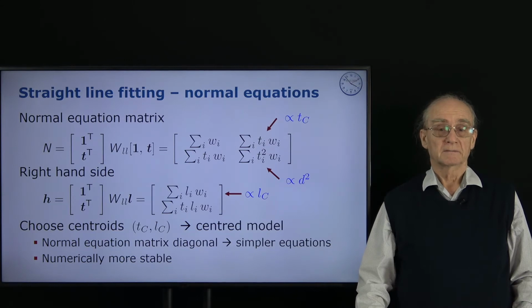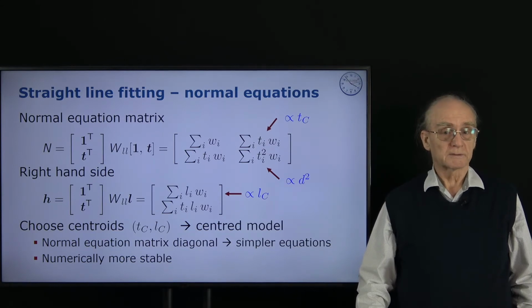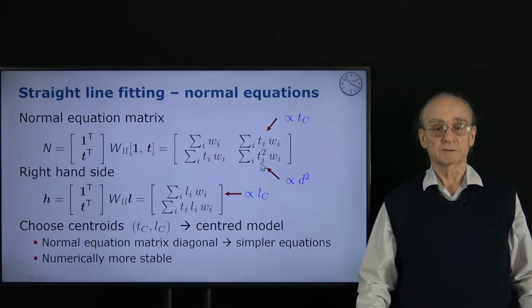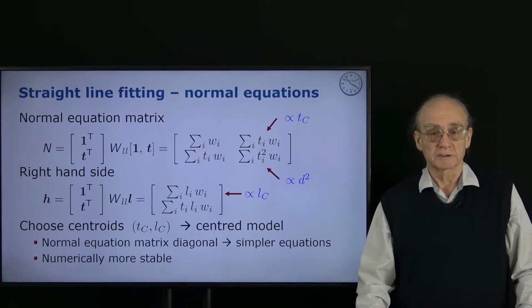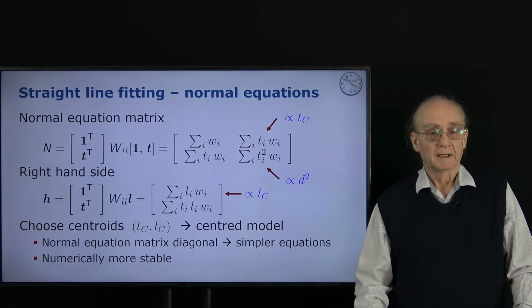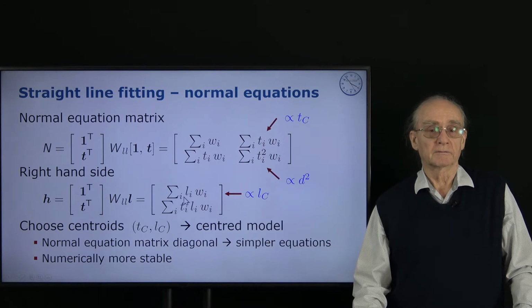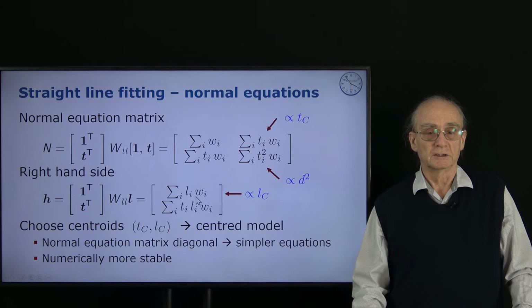If we do this, this has certain advantages. The first one, of course, the normal equation is diagonal. That means we don't have to invert it. We can just invert the individual elements. And we have even a very simple solution for the first parameter, which is the translation.